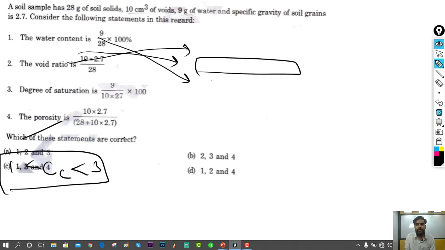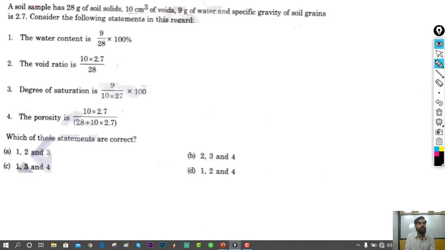What is given in this question: a soil sample has 28 gram of soil solids, 10 centimeter cube of voids, 9 gram of water, and the specific gravity of the soil grain is 2.7. Consider the following statements.